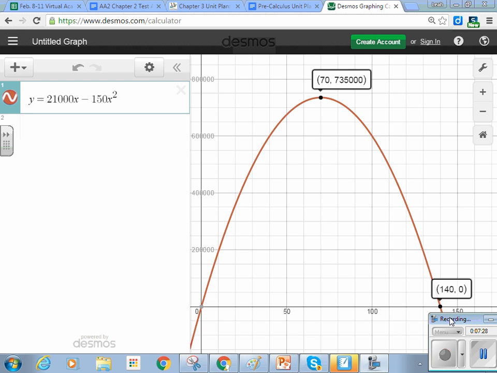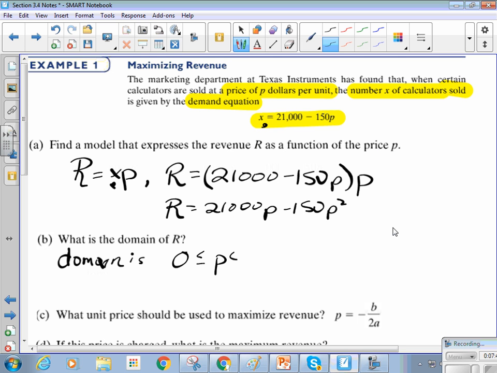Okay, so if we take a look at a graph of our revenue function, we see that in order to keep our revenue positive, our domain has to be between 0 and 140. And you can attain that by setting your X function, the number of calculators, equal to 0, because you're not going to produce any less than 0 calculators.